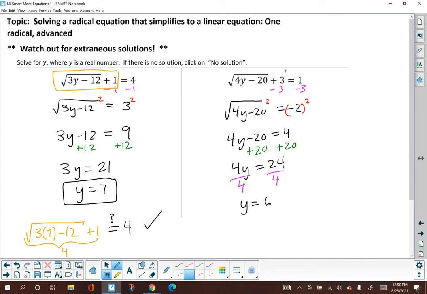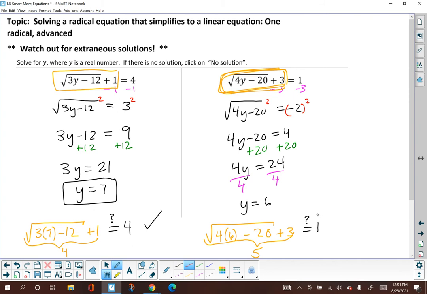So we're going to substitute 6 into that original equation and see if it equals 1. So the square root of 4 times 6 minus 20 plus 3. So it's that entire side of the equation, and we want to know, is that equal to 1? But if you type that into your calculator, this actually gives you, I believe, 5, not 1.